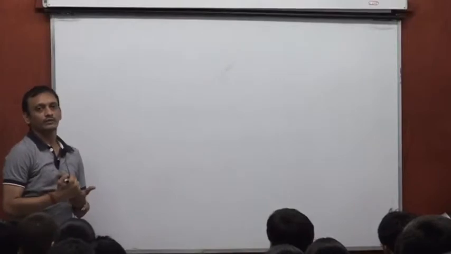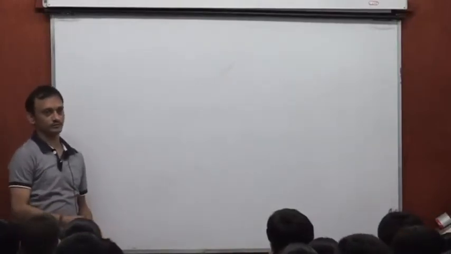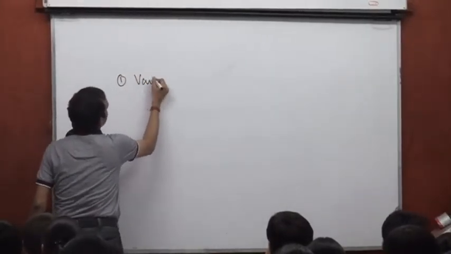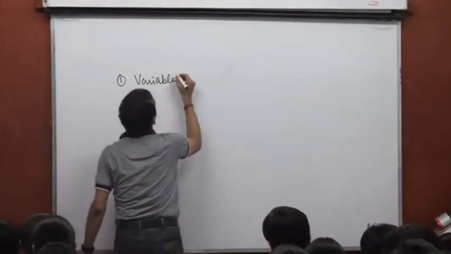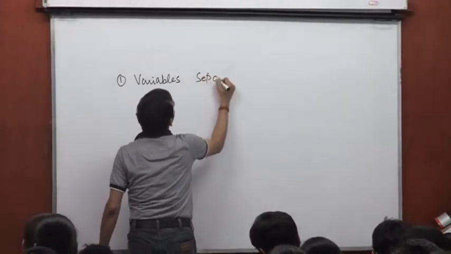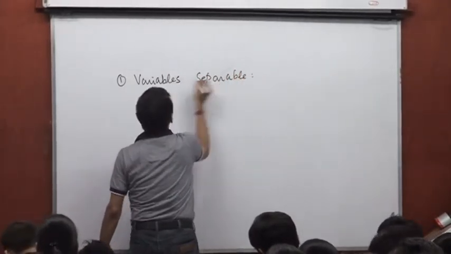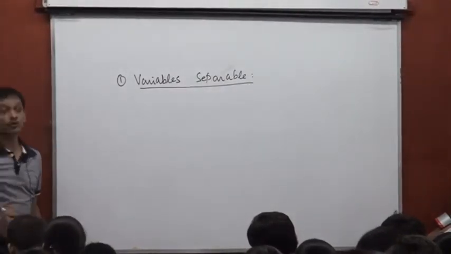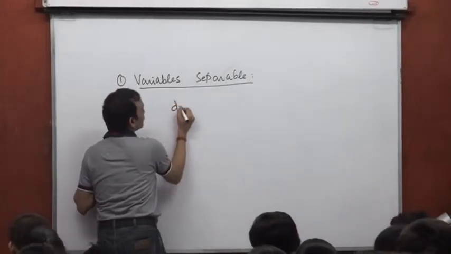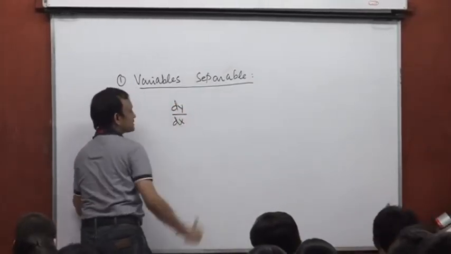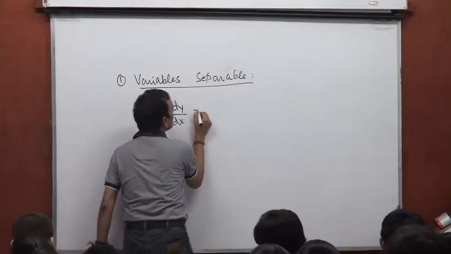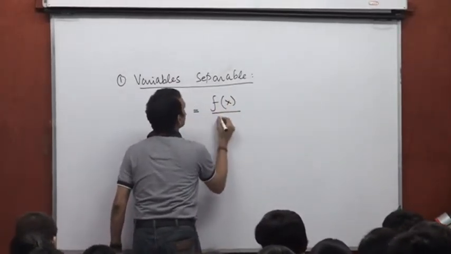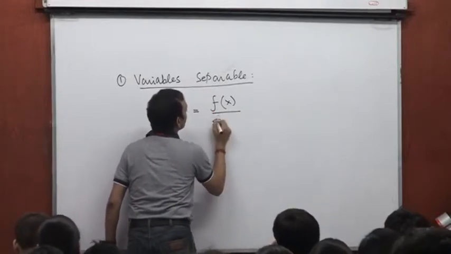The ones that you have already solved are those in which the variables were readily separable. Those are the differential equations that you have solved umpteen times. For example, dy/dx equal to some function of x divided by some function of y.